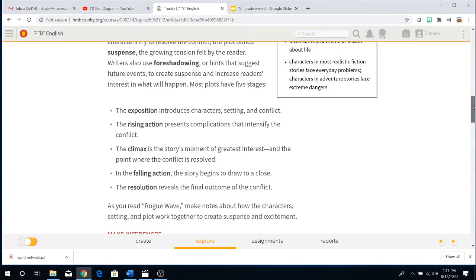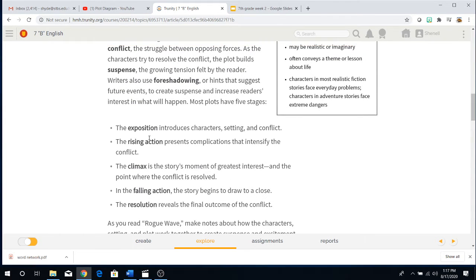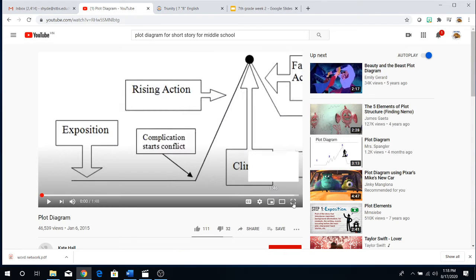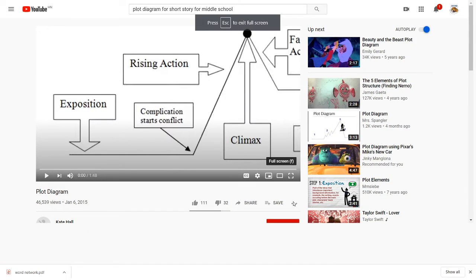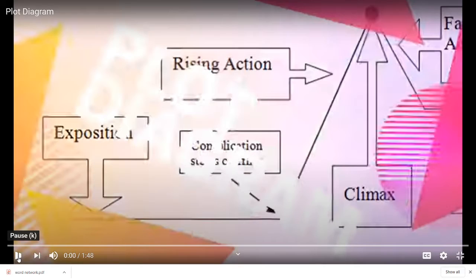Now, this is what a plot diagram is made of. It's made of the exposition, the rising action, the climax, the falling action, and the resolution. So I thought that maybe a quick video could help us refresh our memory on what a plot diagram is. So pay attention.